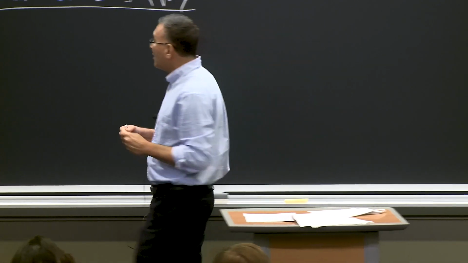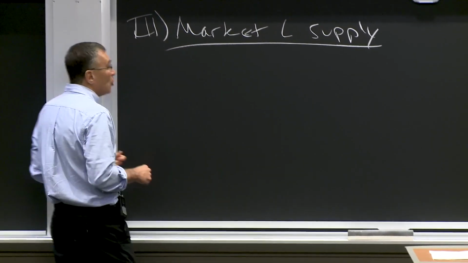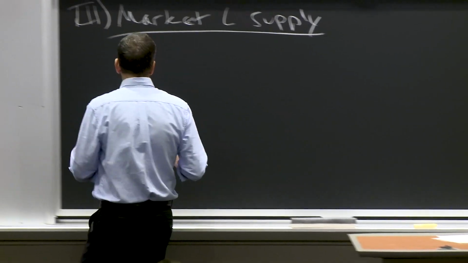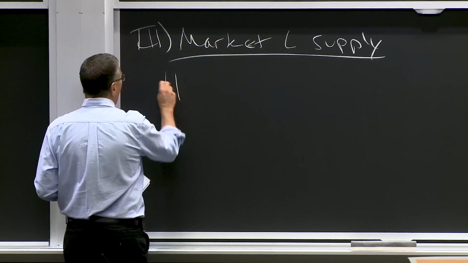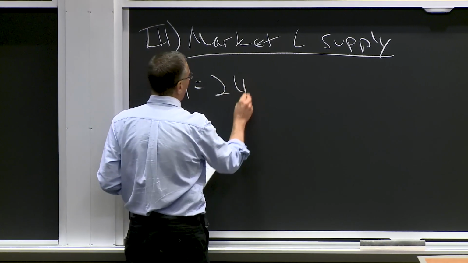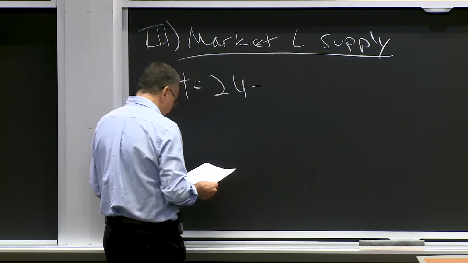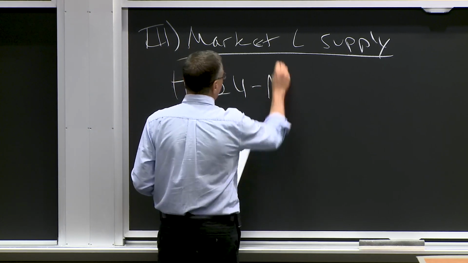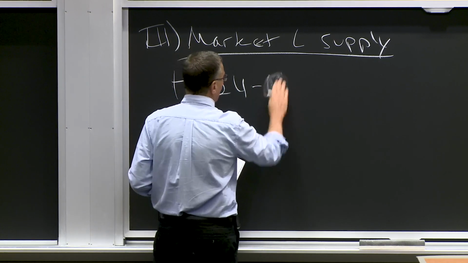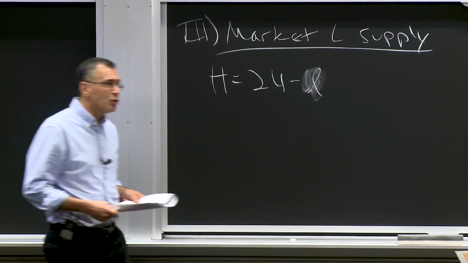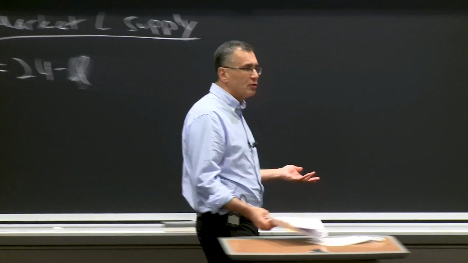So that is, we're going to say your ultimate labor supply, the amount of hours you work, call them H, is equal to 24 minus leisure. Let's call leisure little l. The amount of hours you work is 24 minus the hours of leisure you take.